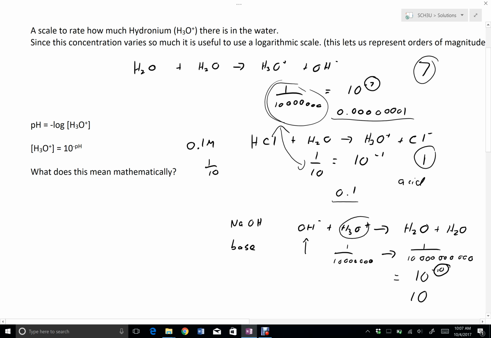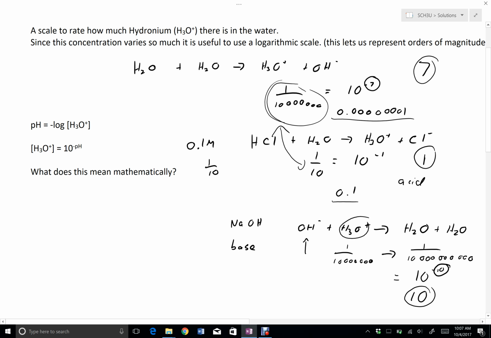So 7 for the naturally occurring 1 in 10 million, or 10 to the negative 7. If we increase the hydronium to 10 to the negative 1, an acid, 1, and if we decrease the hydronium by adding hydroxide, say down to 1 in 10 billion, then we would get a pH of just 10.